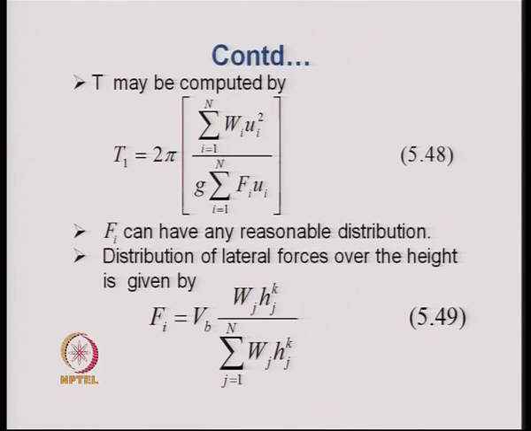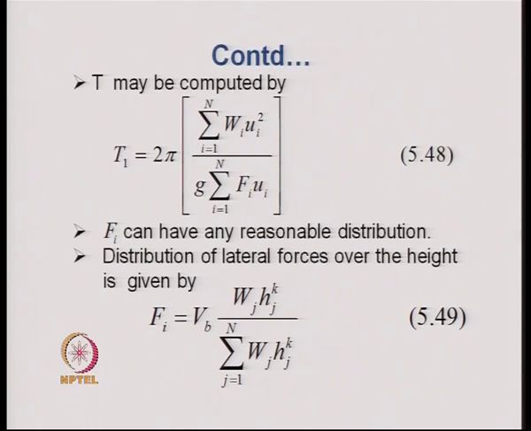Preferably this distribution is taken as the distribution of the first mode of the structure or something similar. When this arbitrary load Fi, distributed in that fashion, is applied to the structure, it produces a displacement Ui at each floor. That is the meaning of Ui in equation 5.48, and with the help of this equation one can find the time period for the structure and use the seismic coefficient method.